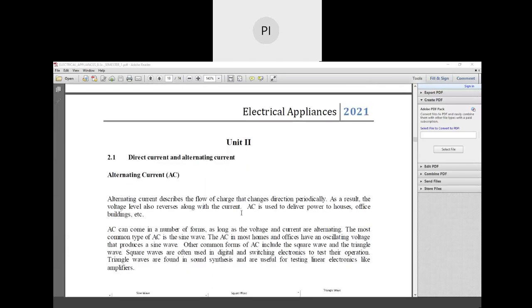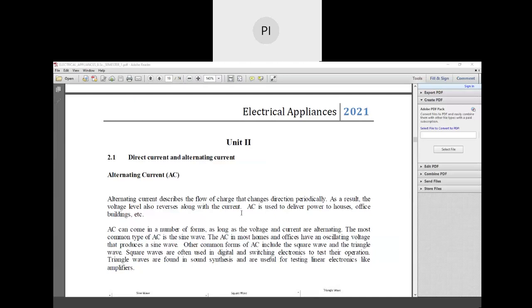Next one is alternating current. Here I told you in the primary circuit we are producing alternating current. What is alternating current? Alter means changes. That means from time to time the phase of the voltage changes, and the voltage versus time graph is a sine wave.